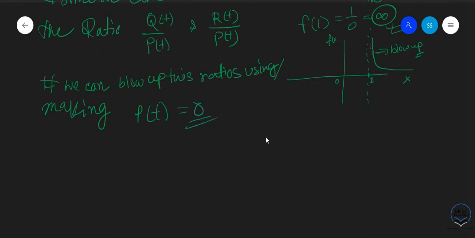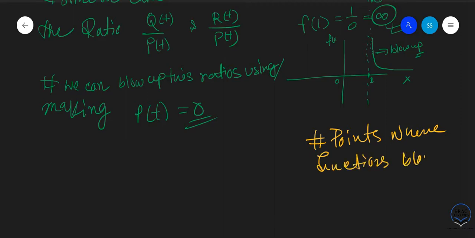So points where functions blow up are known as singular points.